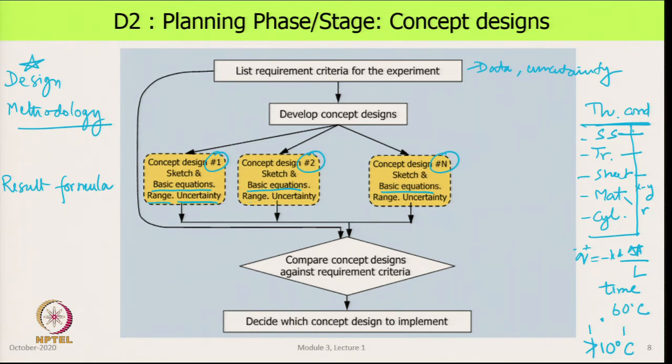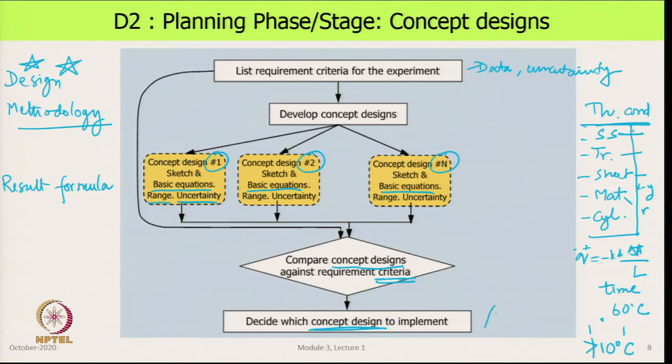So, we do all of that, and then we do a comparison of concept designs. And this is again exactly the same methodology that a design engineer would use. There are different methods of analyzing alternate designs. We could use any of them from the design methodology, look at merits, demerits, and in that criteria for designing, we could also include our own practical constraints, space, time, money, all of that could be factored in, and with all of that, we will finally converge on which concept design we are going to implement.